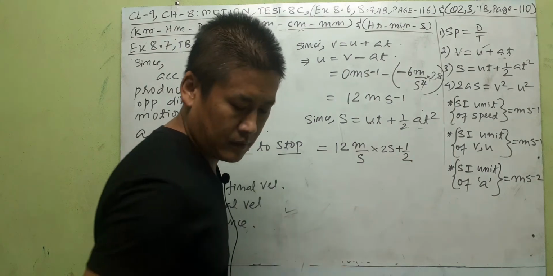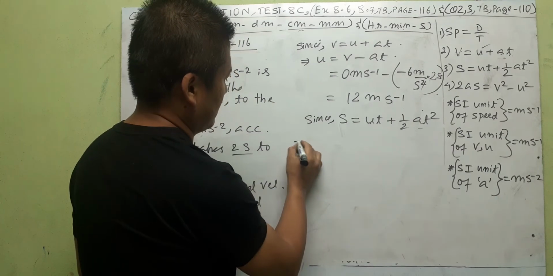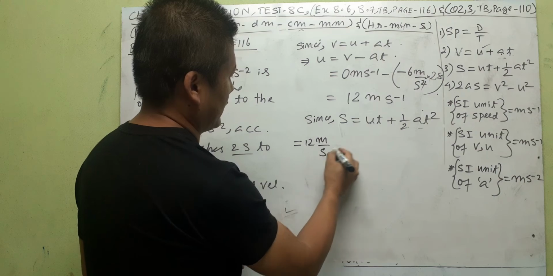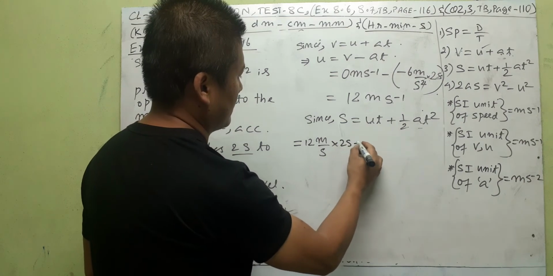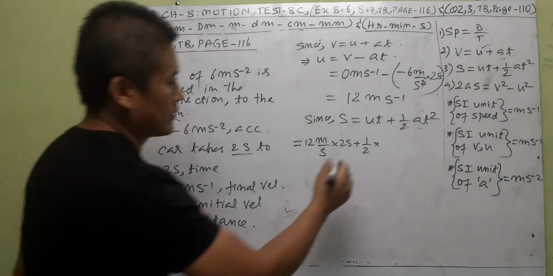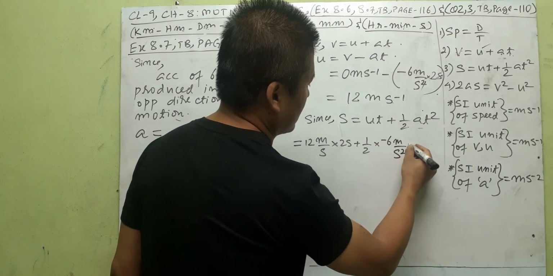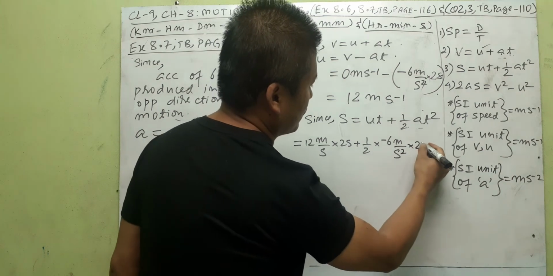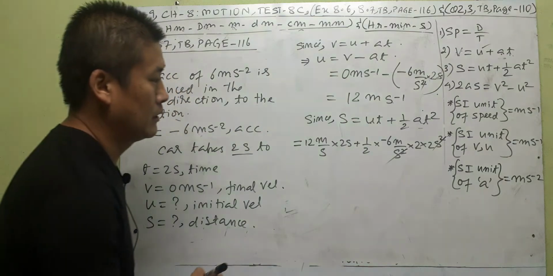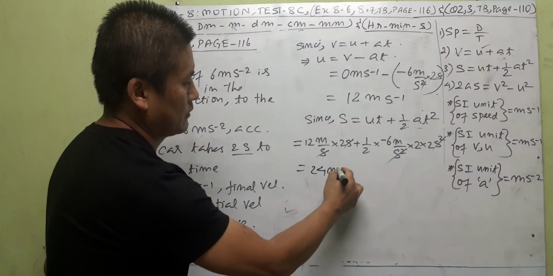half. Okay, we need more space, so let me just go here. So that will be equal to u, 12 meter per second, into t, 2 seconds, plus half into a, here minus 6 meter per second squared, into t squared, meaning 2 into 2 second squared. Up and down cancel, and up and down cancel. 12 2s are 24 meter.